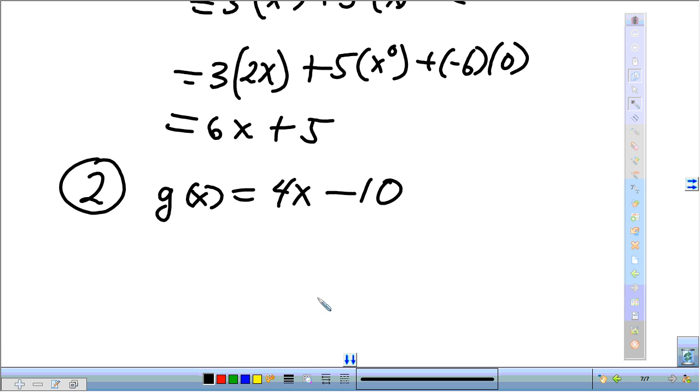Now, here's g of x is equal to 4x minus 10. So we could consider rules. We could do something like I did above for these terms. On the other hand, once I get first degree and constant, we know what that slope is, don't we? So in that case, we could say, what's the slope of the line 4x minus 10?